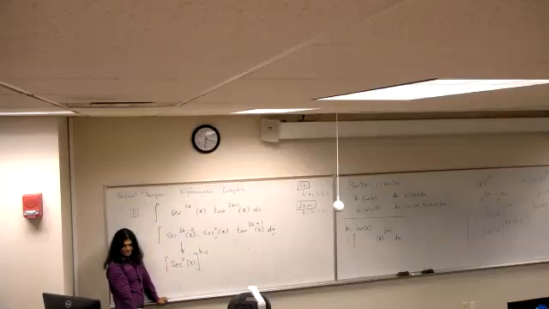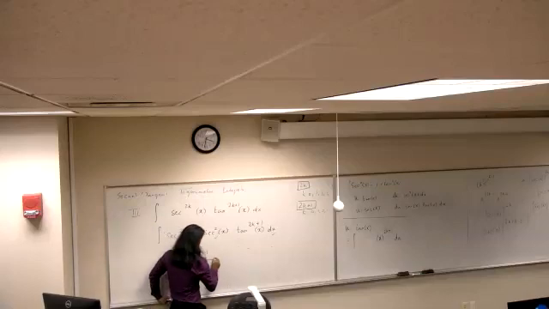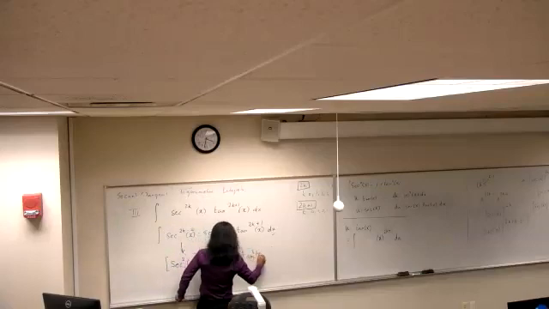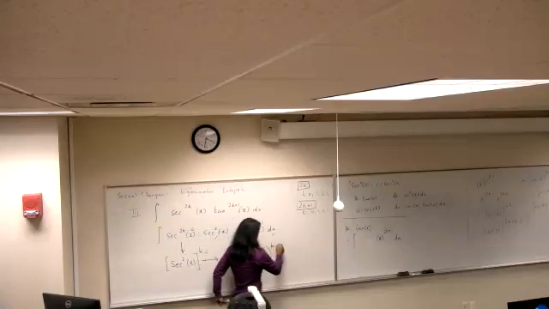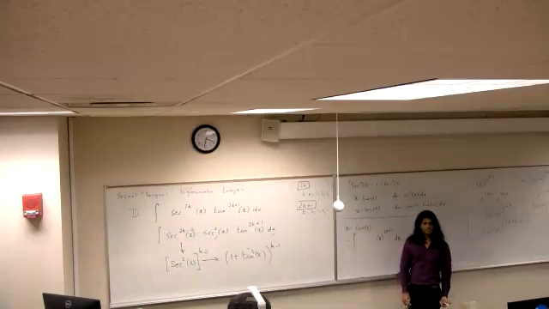We need tangent. What do we know about the relationship between secant and tangent? Secant squared x is equal to 1 plus tangent squared x. So that would be 1 plus tangent squared x raised to k minus 1. Good.